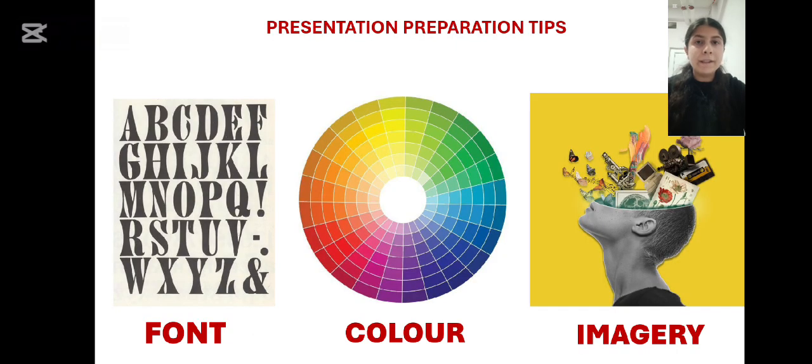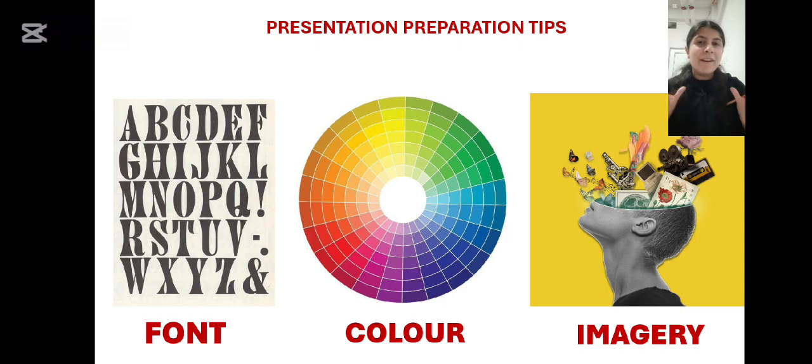And now, here are some tips to make your presentation look awesome. They are font, color, and imagery. Font helps to convey a message clearly. Yes, it can be difficult because there are various choices for font, and there are some size differences. So you need to be careful and choose the most matching ones and the ones that you really like.